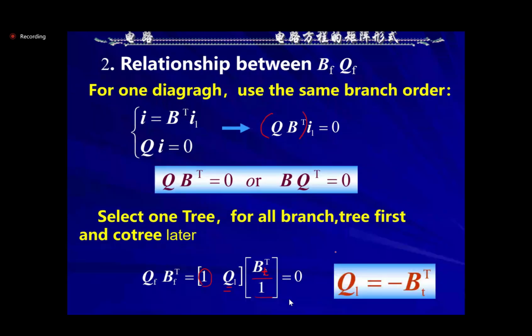So we can find that the cotree part of the cutset matrix equals the tree part of the loop matrix B transposed, with a minus sign. This is the relation between Q and B.